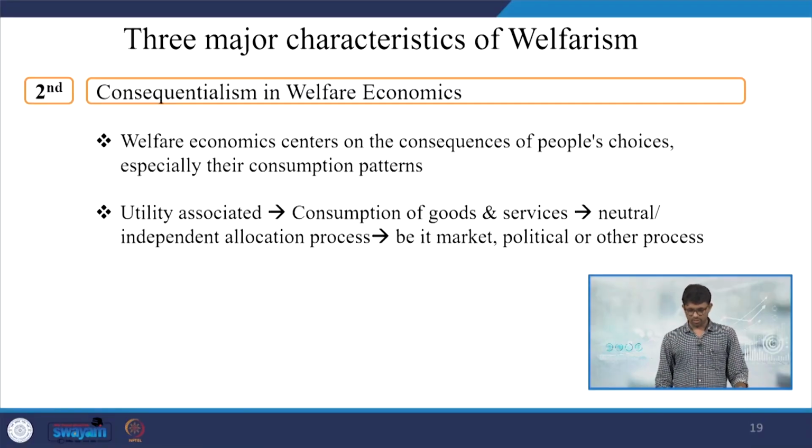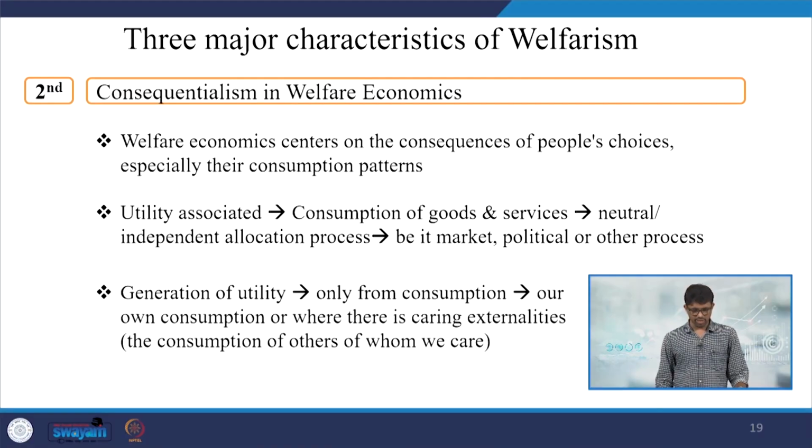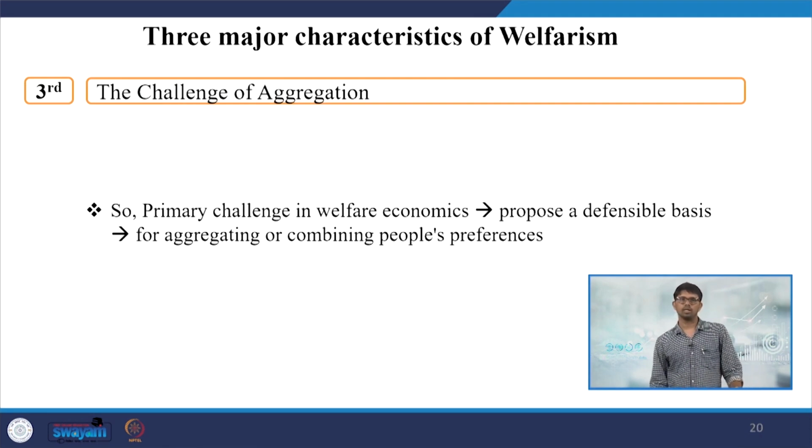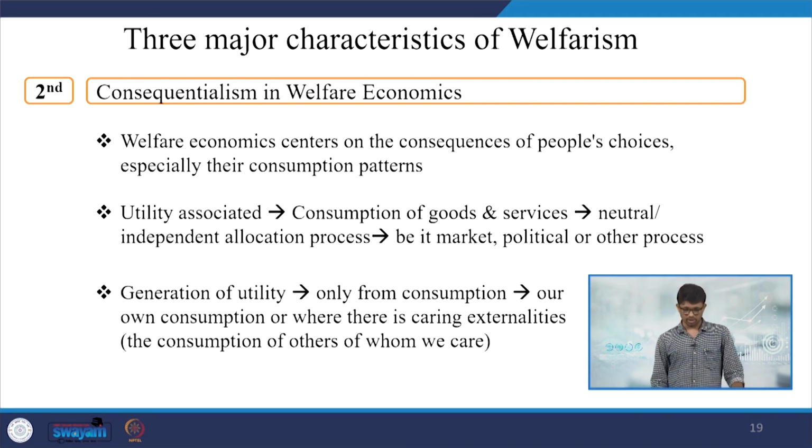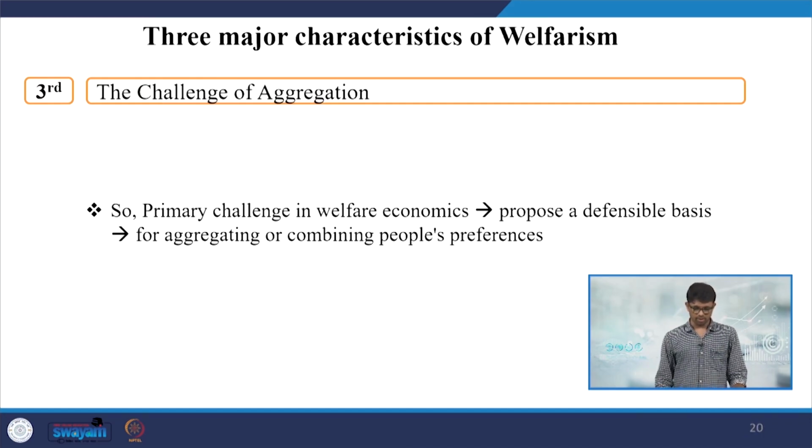So, in every case we will find utility attached to it. Again, utility is generated not only from our own consumption, but also where there are caring externalities, like the consumption of others whom we care about, which are also part of the consequentialism concept of welfare economics.